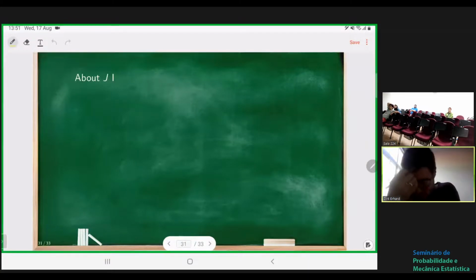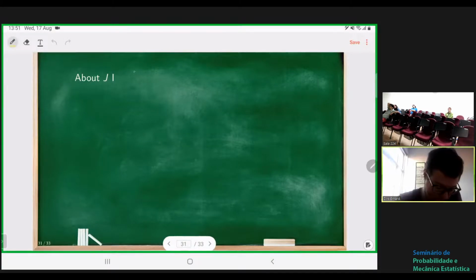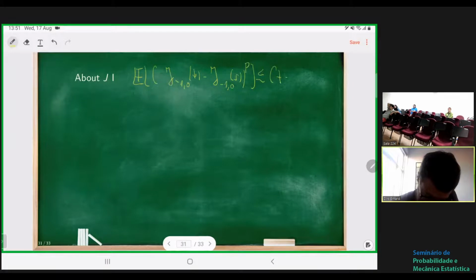Well, in equilibrium, J is converging to a fractional Brownian motion of parameter 1 over 4, right? So in a sense, if you want to use some kind of Kolmogorov chain type criterion of tightness, what you expect is that you have an estimate of this order.